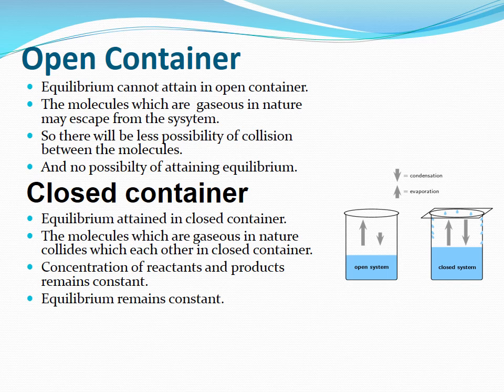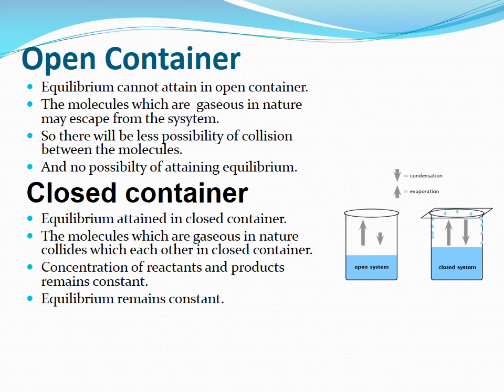The next one is closed container. Equilibrium is attained in a closed container. Why is equilibrium attained in a closed container? This is the closed container. If we take any gaseous molecules in the closed container, after some time those gaseous molecules will go upward in that container.